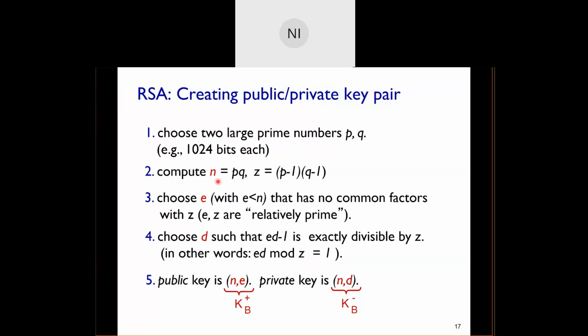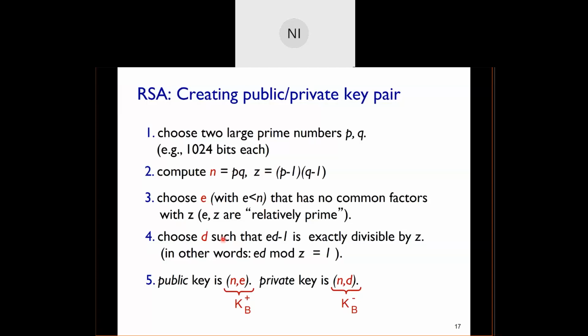Then you get a product of these two prime numbers that is called N. Then you find G, which is equal to (P minus 1) times (Q minus 1). In step 3, you have to choose another number E, where E is less than N, so that it has no common factor with G. That means E and G should be relatively prime to each other.